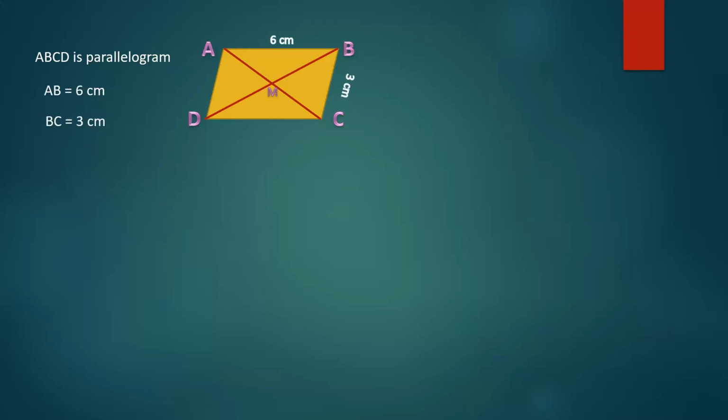Let's see this example. ABCD is a parallelogram. AB equals 6, BC equals 3, and the measure of angle ABC equals 60.